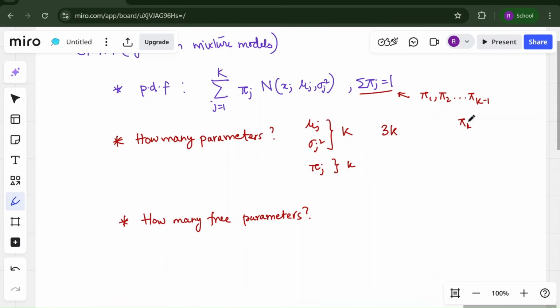Yes, pi k is automatically decided because the sum should add up to 1. So pi k is not free. So the number of free parameters is actually 3k minus 1. One of them is not free. Okay.